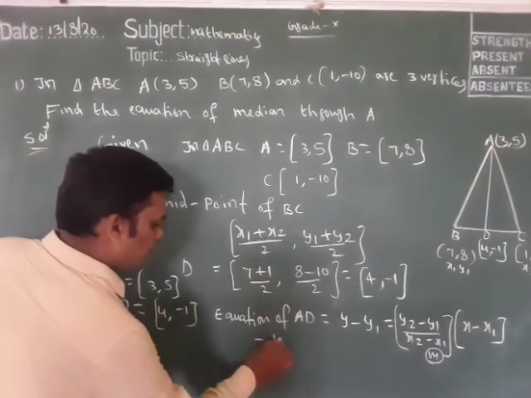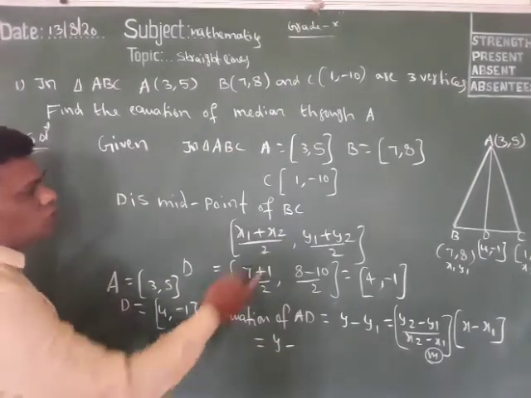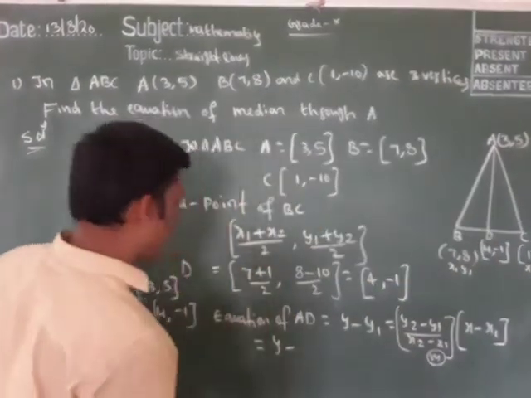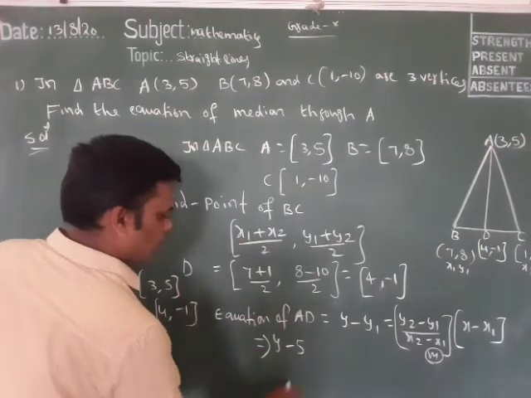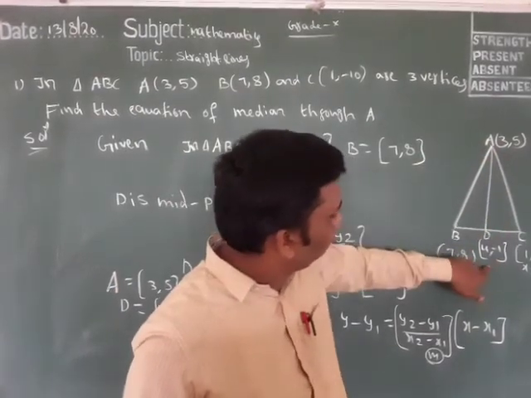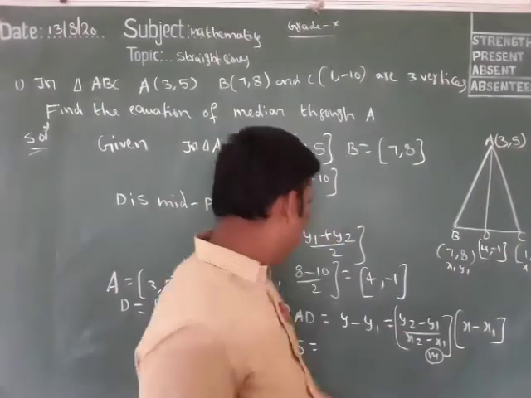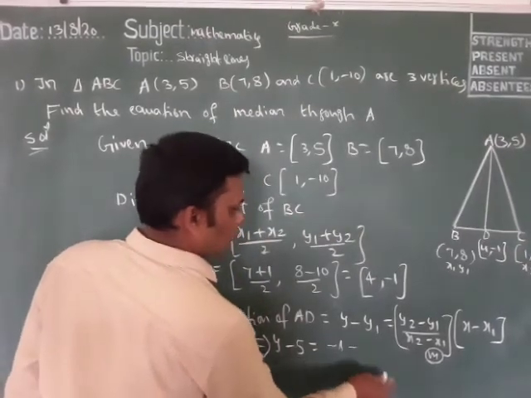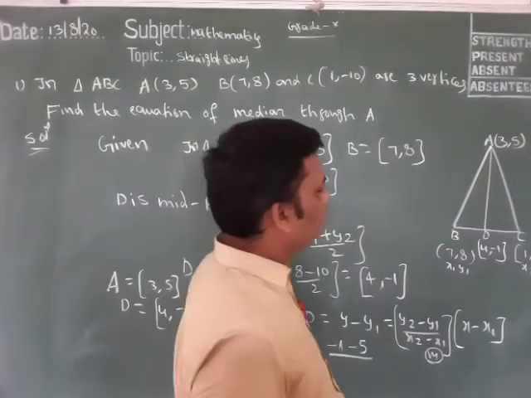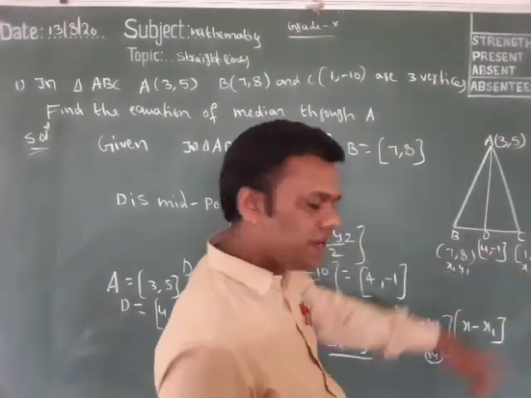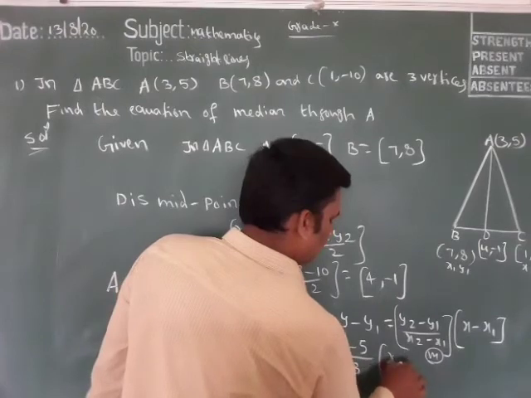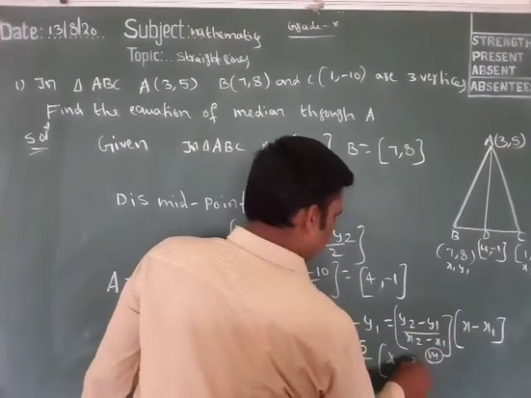Through A they are asking. So y minus y1 means y minus 5 equals (y2 minus y1), taking these two points only, that is (-1 minus 5) upon (x2 minus x1), (4 minus 3), into (x minus x1), that is 3.